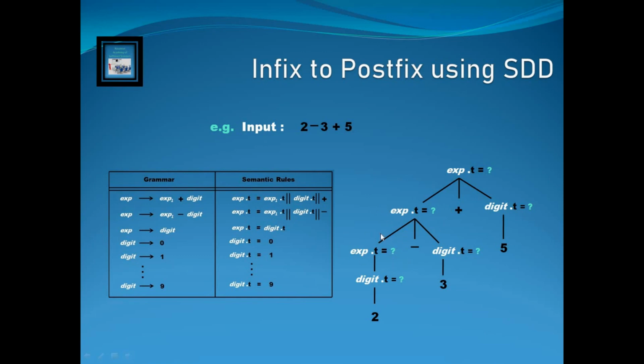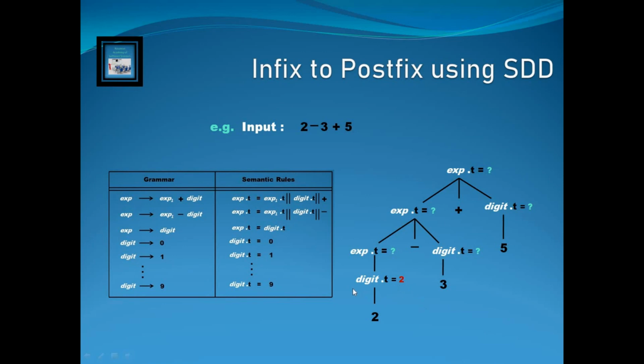When we go to this leftmost child, here expression can have the form of digit. This expression's postfix form still cannot be evaluated using these semantic rules. In order to evaluate it, we have to evaluate its child's attribute first, and its child is this digit. So digit dot t can be evaluated directly from these semantic rules, because the semantic rules say when digit can have the form of 2, then digit's postfix form will be 2.